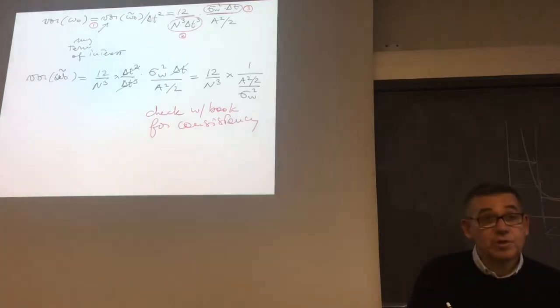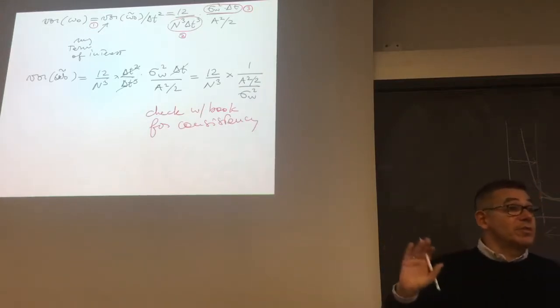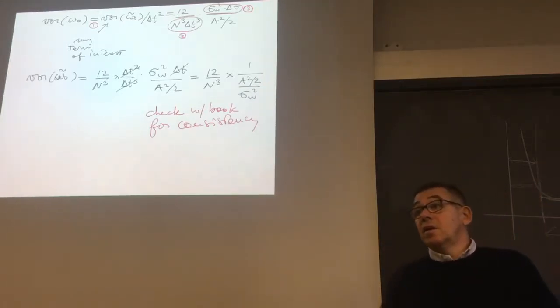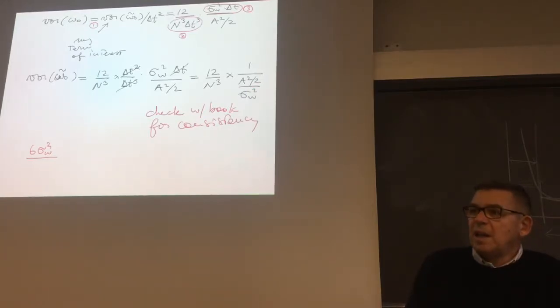By the way, you need to check in the book for the case where the number of samples is very big, so N going to infinity. It's 6 times sigma squared, divided by A squared, times N to the power of 3.